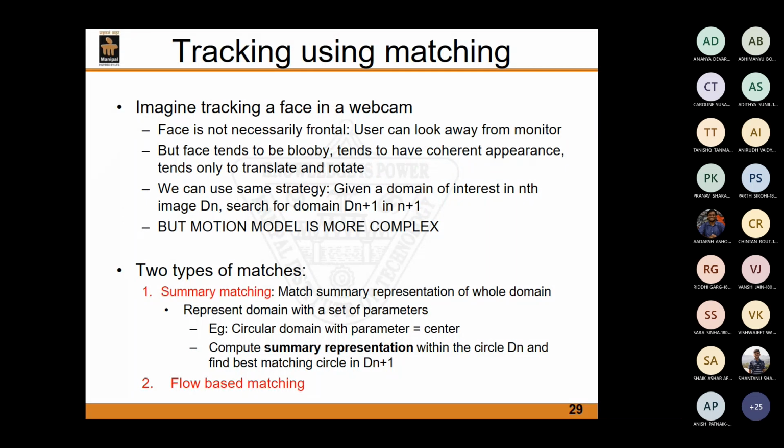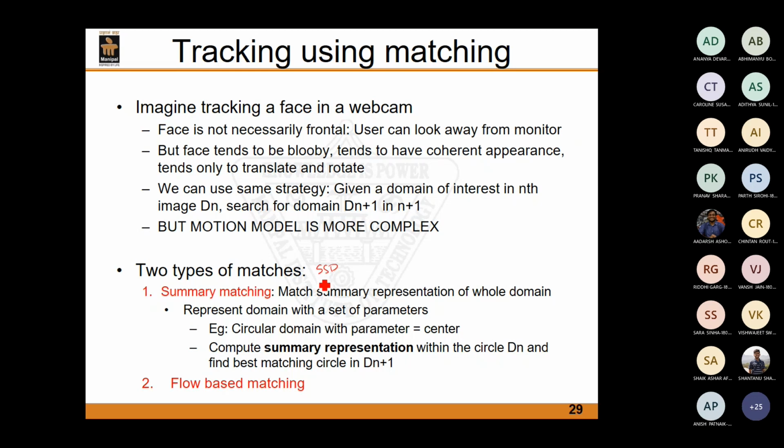So the first one is summary matching. In the previous case, we had been using the SSD scores, which is sum of squared difference, and when you take a sum of squared difference, it does a kind of pixel to pixel subtraction.